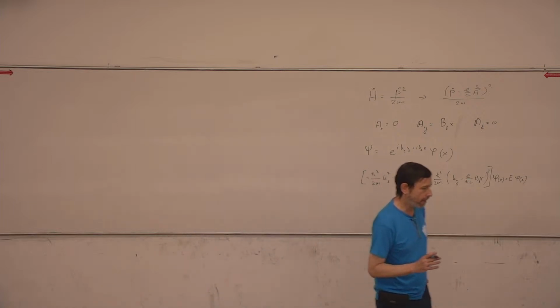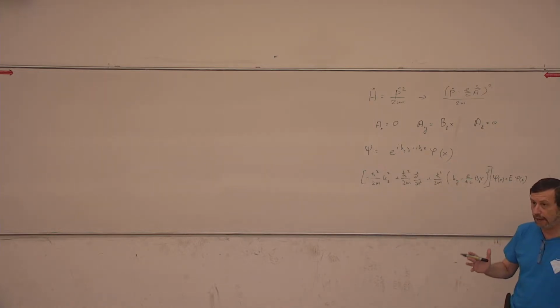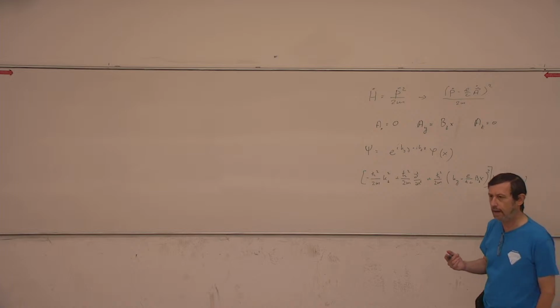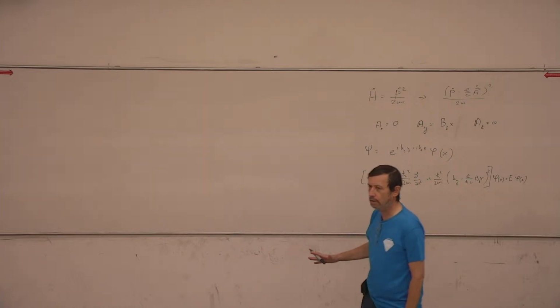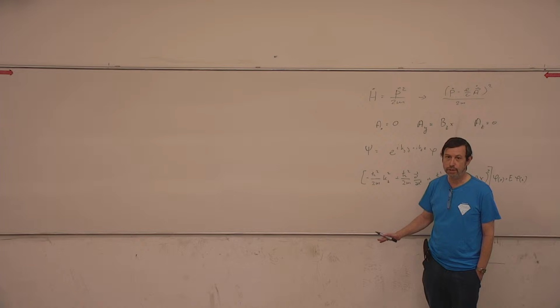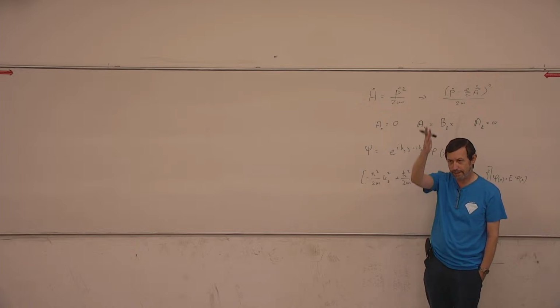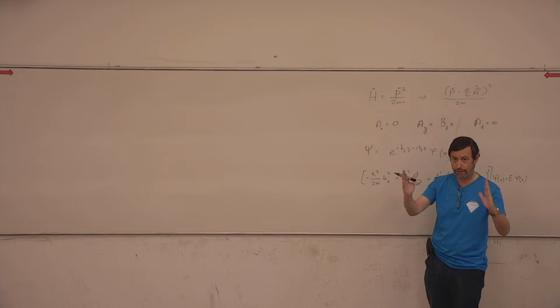Well, that's one explanation why I did it, but the other explanation is that it actually makes a lot of sense to break it in this way. Why? Because at the end of the day, I would like to use the solution here to describe Hall conductance. And what is special in Hall conductance? We have an infinite behavior in one direction and boundaries in the second direction.